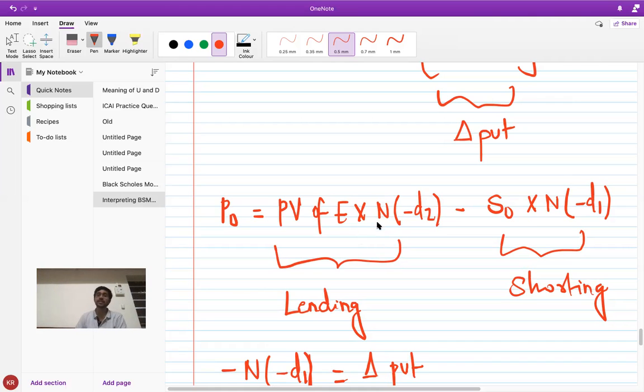I am buying N of minus d2 units, because when I buy, I'm basically lending money, right? If I'm buying N of minus d2 units of zero coupon bonds, that is equivalent to lending.